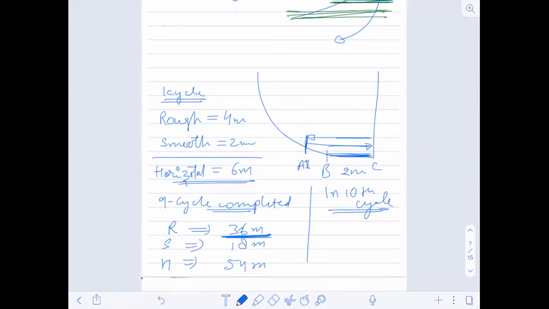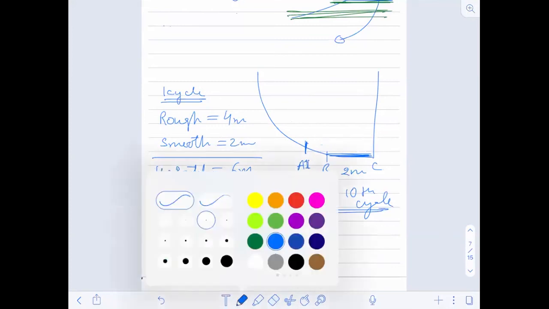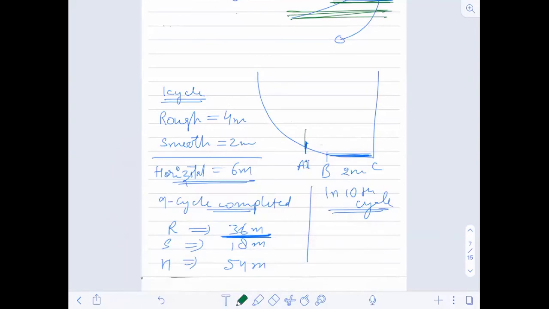See, after the 10th cycle, what will happen here? I am drawing this figure here. So in the 10th cycle, the particle is here. So it is moving 1 meter. Okay. Then from rough, it will move here. Okay. 2 meters. And then again it will move here. Okay. Now see here.